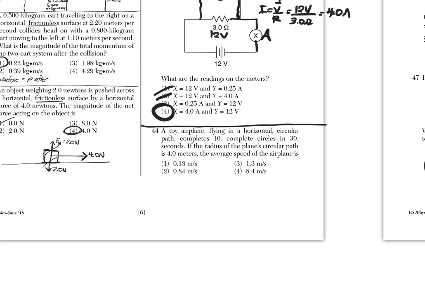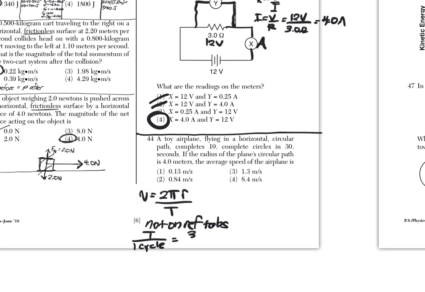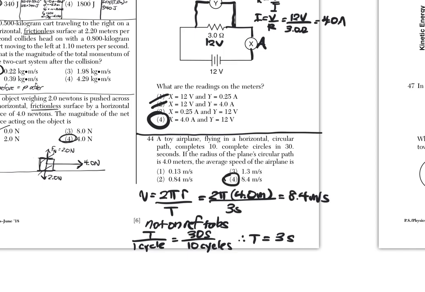So we can get the period from that. If it's 30 seconds for 10 cycles, then it's 3 seconds for 1 cycle. So if I put in 2 pi times the radius of 4 meters over that 3 seconds worth of period, I get 8.4 meters per second, which is choice 4.